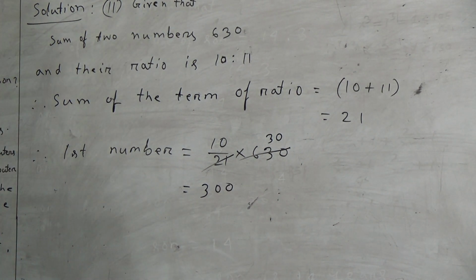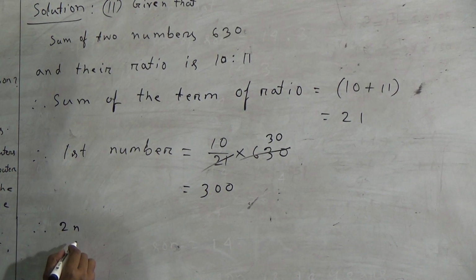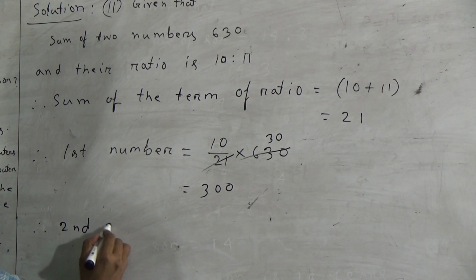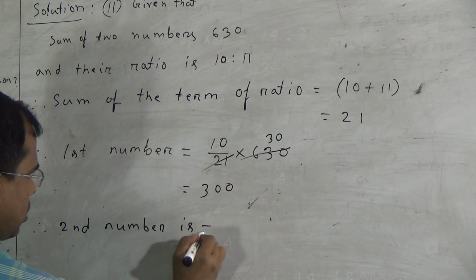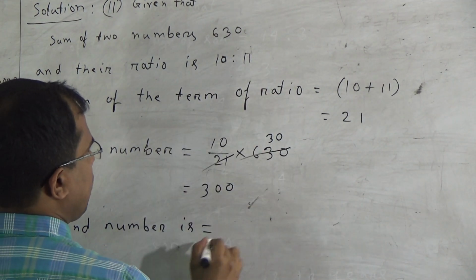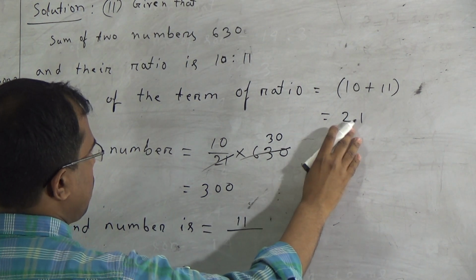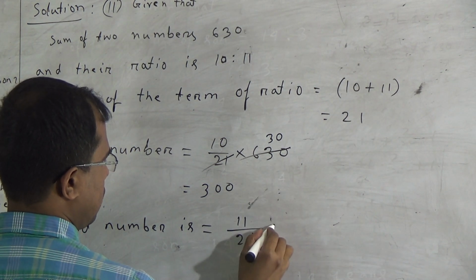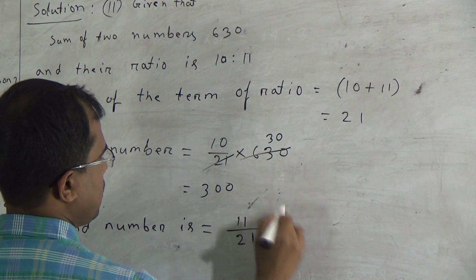Now we'll find out second number. Second number is, in the ratio, portion of second number is 11 and sum of the terms of ratio is 21 and sum of two numbers is 630.